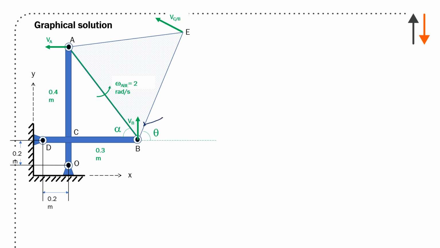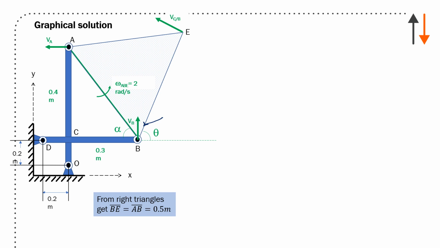VB is acting in this direction, and VA is acting in this direction, and that's where I expect everything to go. And it's going to act normal to the link BD and normal to the link OA. So I know that it's either X or Y dependent, so VB is going to be vertical, VA is going to be horizontal. I can define an angle alpha in there, and I can have all of the rest of the terms, and I just need to calculate all of the terms that remain.